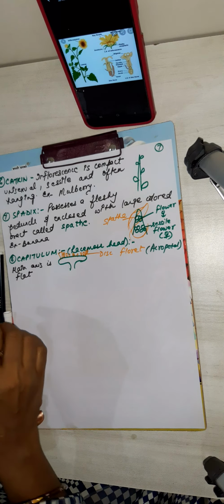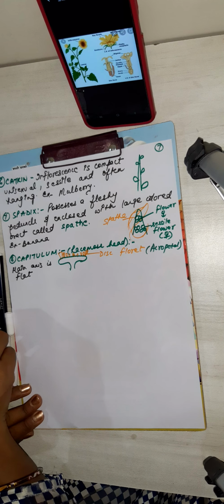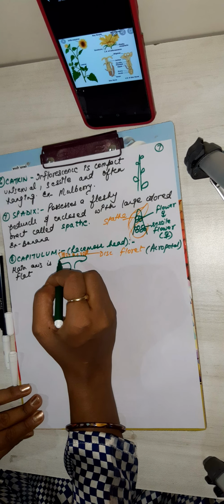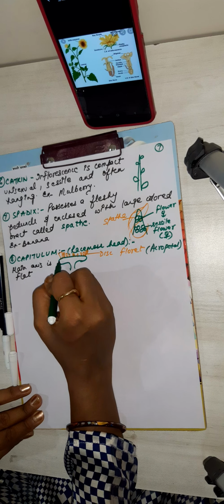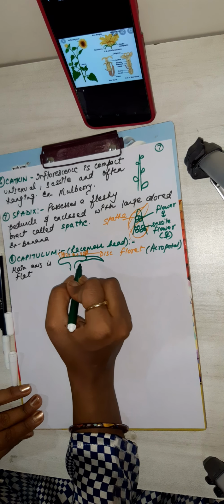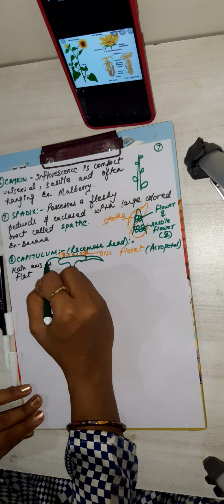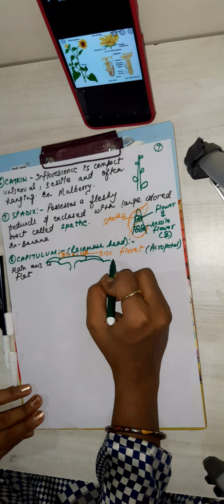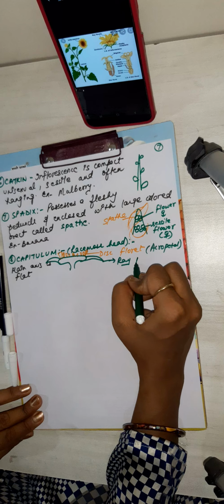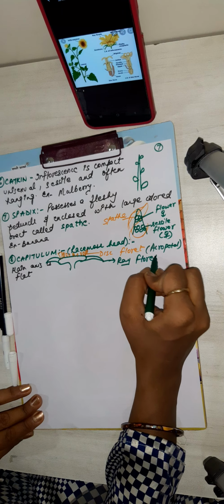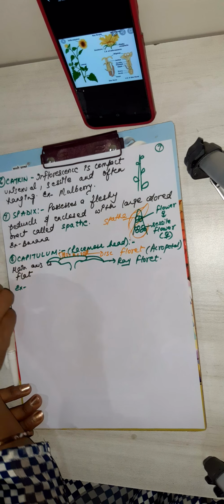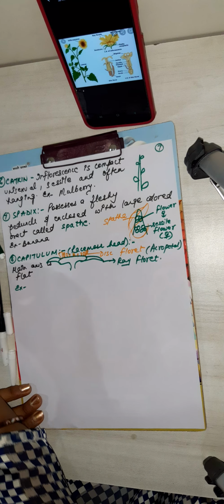And from here structure arises which is known as ray floret. Floret. Example is sunflower.